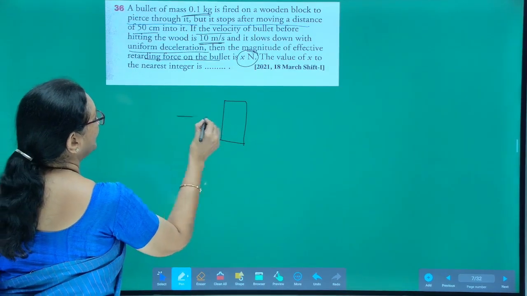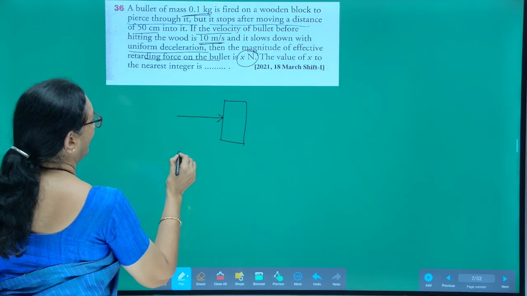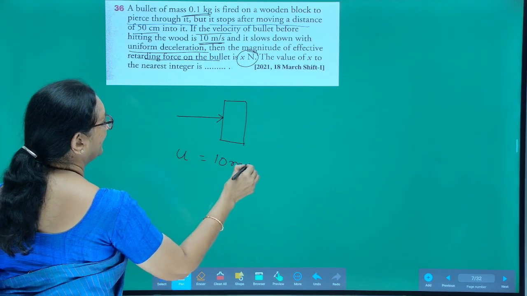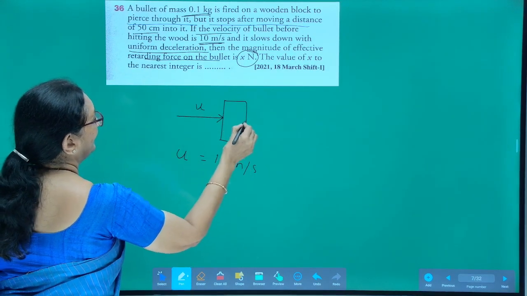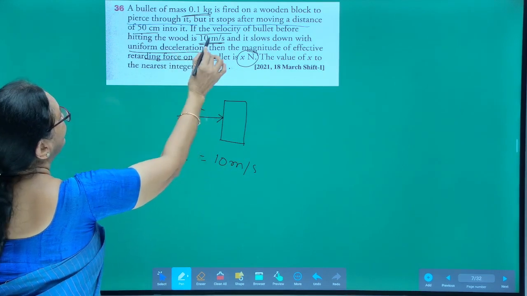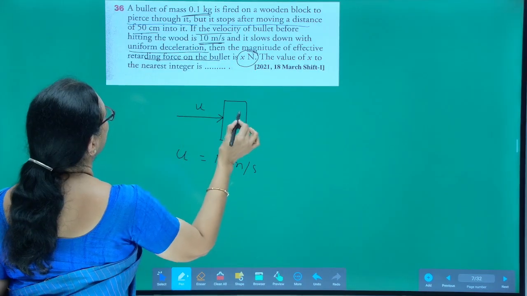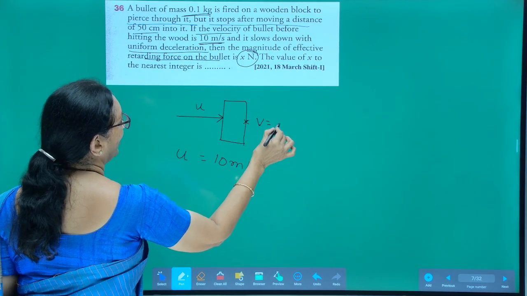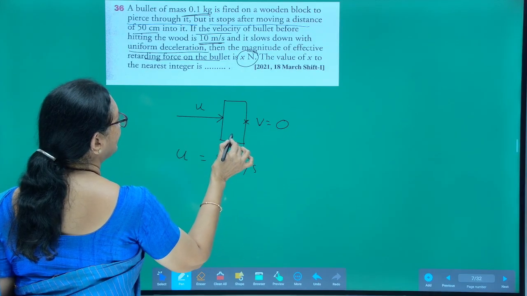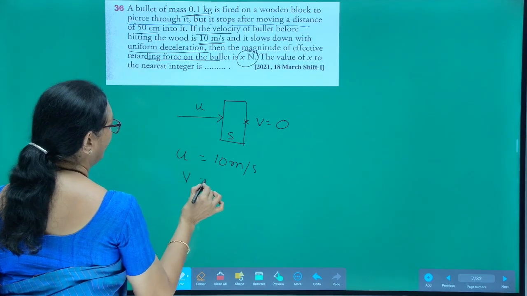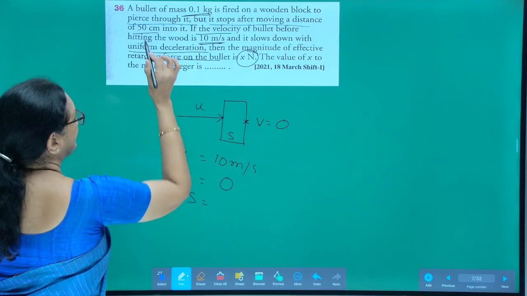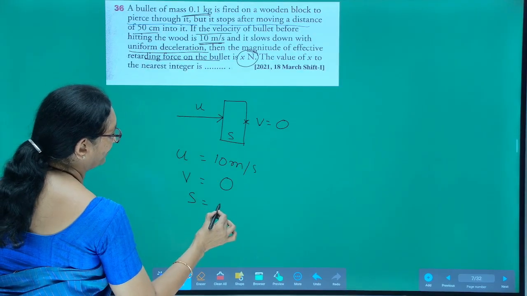So, a bullet is fired with a velocity u is equal to 10 meter per second. It stops after moving a distance 50 centimeters. So, here final velocity is 0 after travelling through a distance of 50 centimeters in that wooden block.